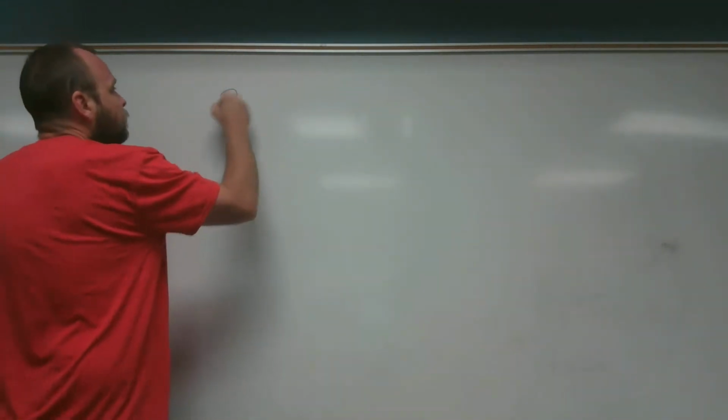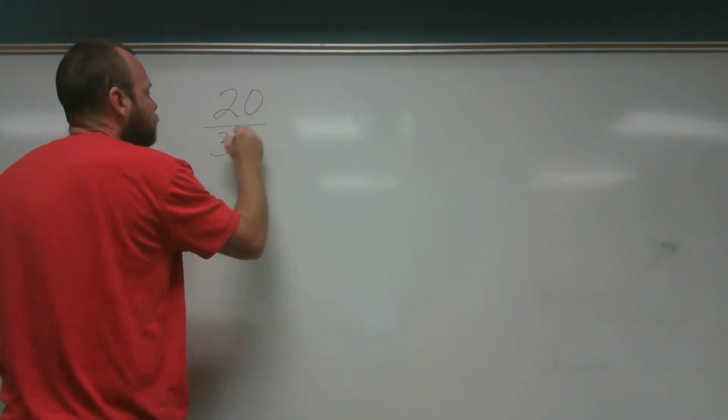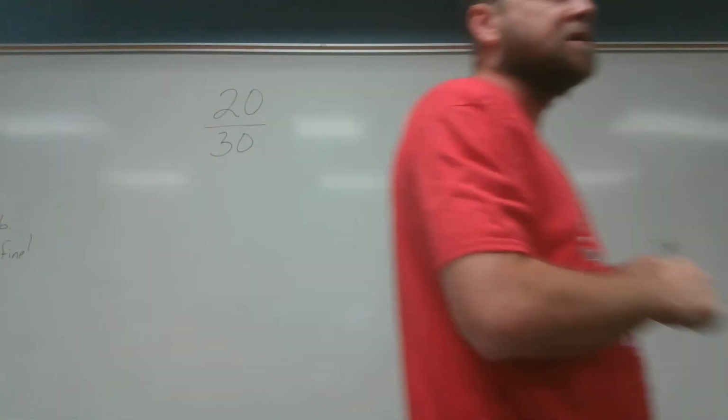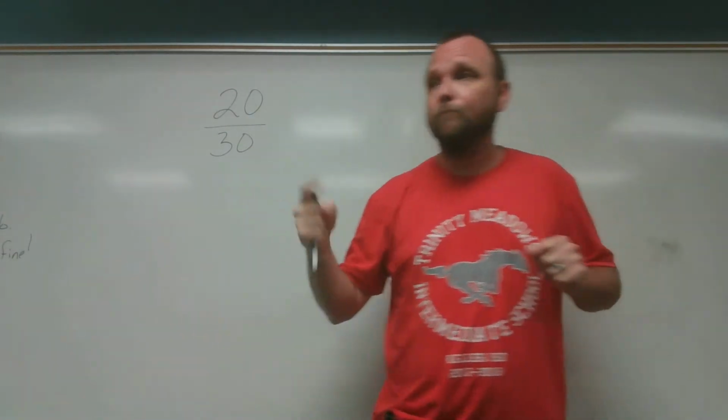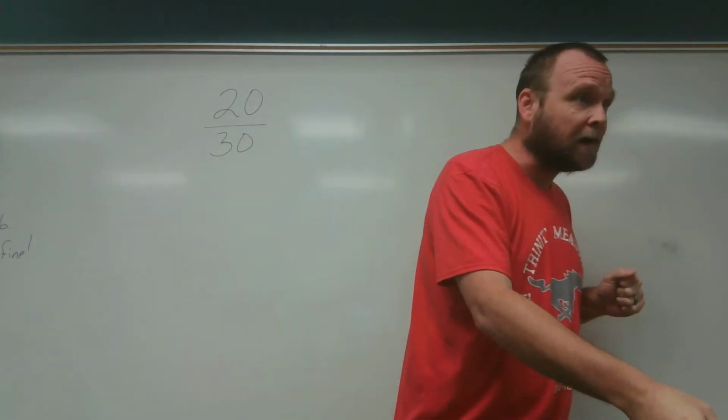Now, one other thing that drove me crazy on this sheet is there were 3 problems on here, 3 of them that were exactly the same. 20/30ths. Which means if you knew how to do it, you should have gotten the same answer on all 3 of them. If you didn't know how to do it, you should have gotten the same answer on all 3 of them. They're the same problem. I don't know why you would get different answers to the same problem.